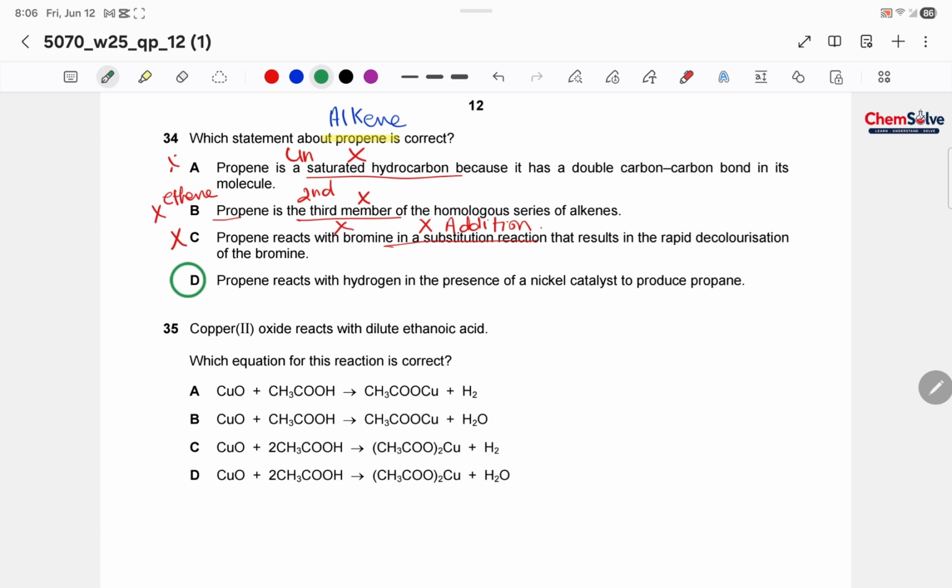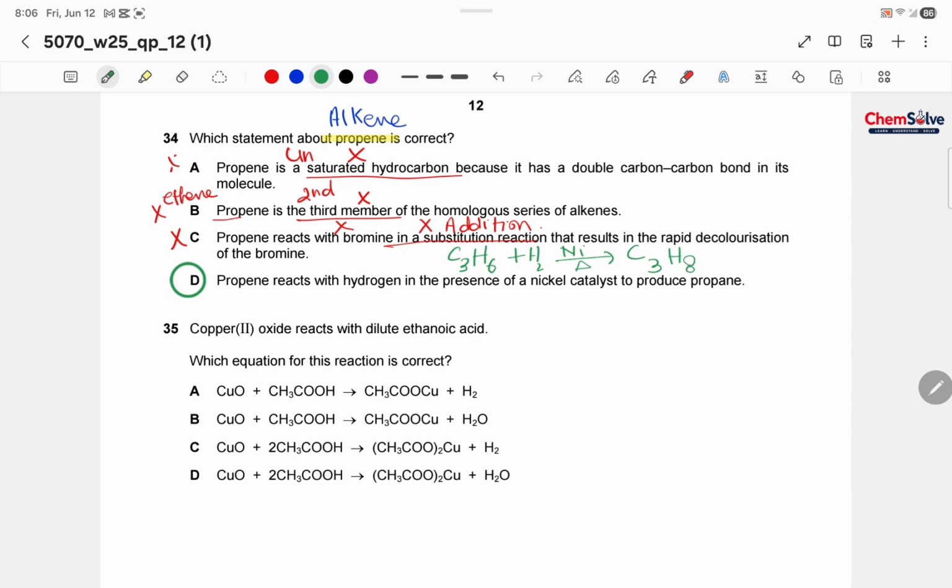Propene is C3H6. It reacts with hydrogen in the presence of nickel and some heat and it produces C3H8, that is propane.